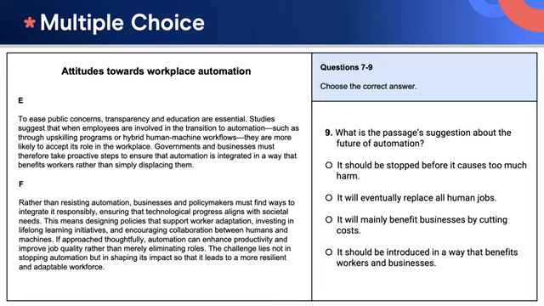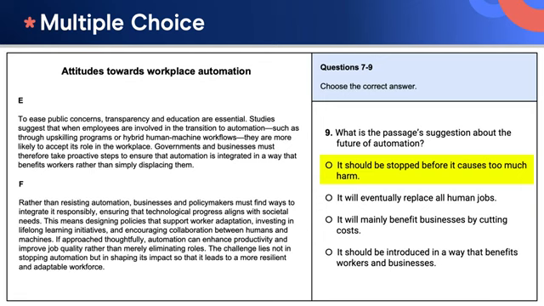Question 9 asks, what is the passage's suggestion about the future of automation? The key words here are future and automation. The answer options list 4 possible future situations. The first option says, automation should be stopped before it causes too much harm. The passage talks about finding ways to manage automation properly.